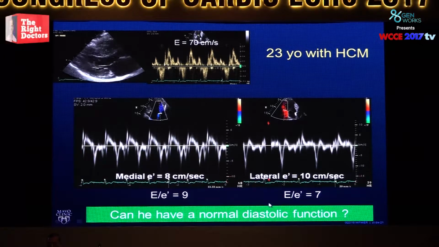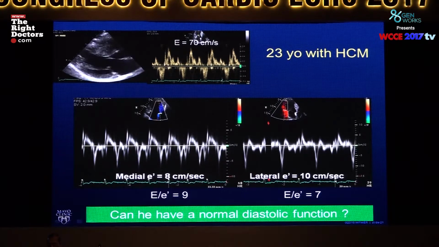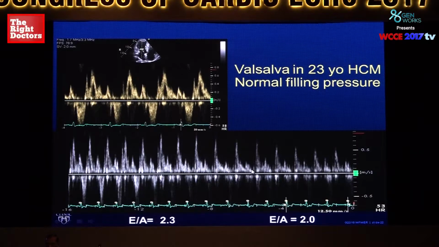So this is an example of a 23-year-old with hypertrophic cardiomyopathy with a relatively normal filling, normal diastolic function, although a little bit reduced for a 23-year-old, but overall the filling pattern is not disturbed. You can confirm that, if you don't trust it, by other things like Valsalva maneuvers, E/A ratio with a normal filling pressure, both the E and A velocity should decrease together.